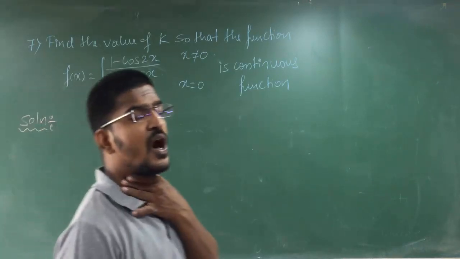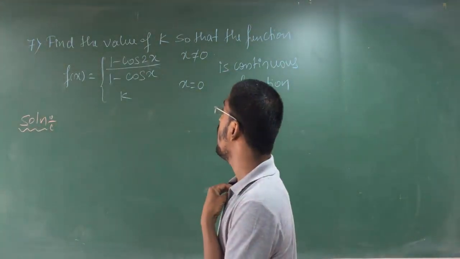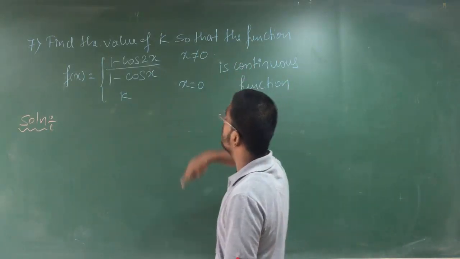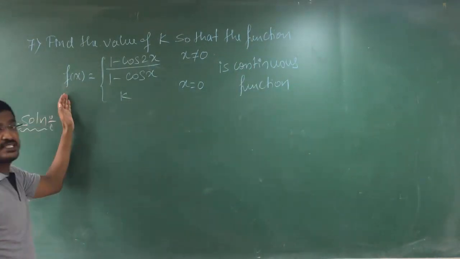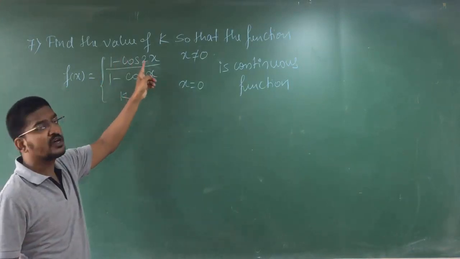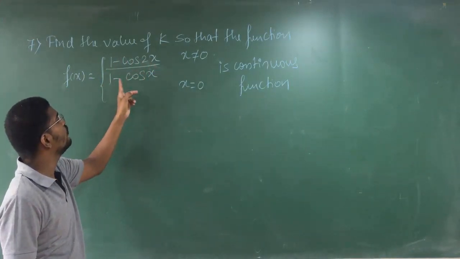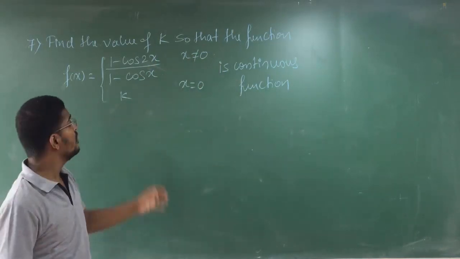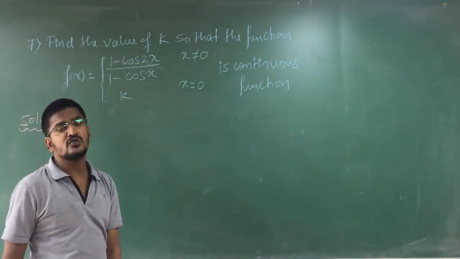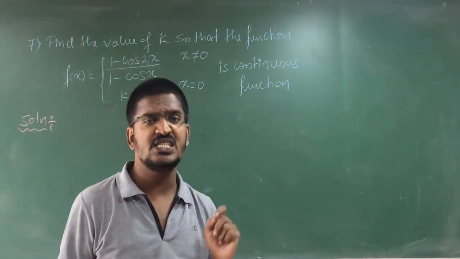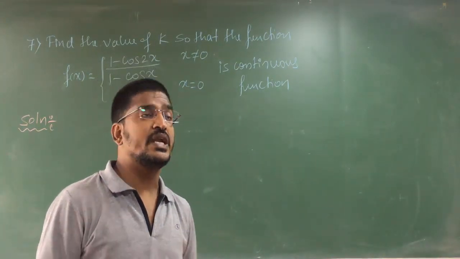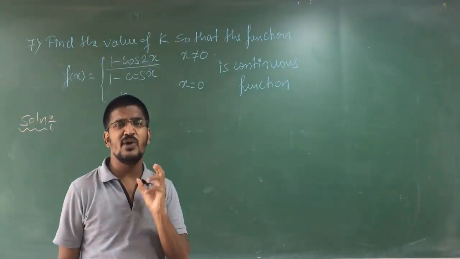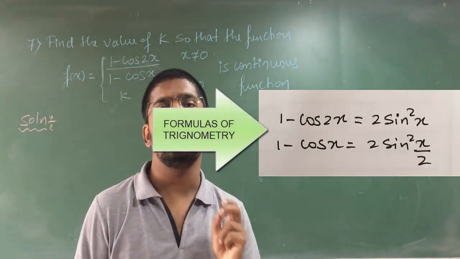Okay, so now let us find the value of k for the 7th question, so that the function f of x equal to 1 minus cos 2x divided by 1 minus cos x, if x is not equal to 0, and k if x equal to 0, is a continuous function. Okay students, so to solve this you must remember the formulas of trigonometry.